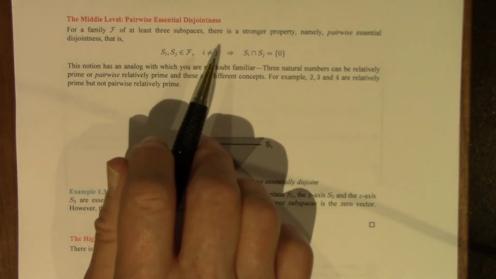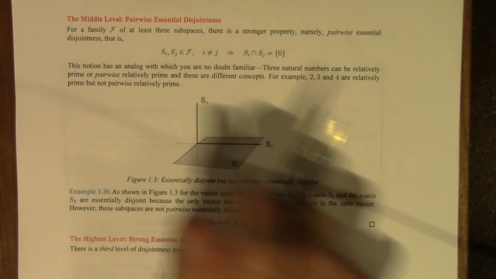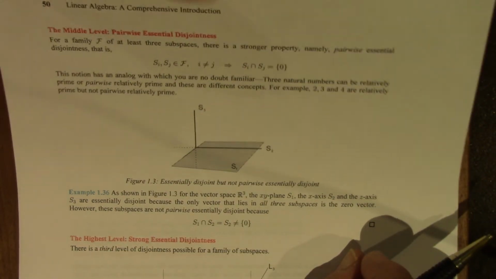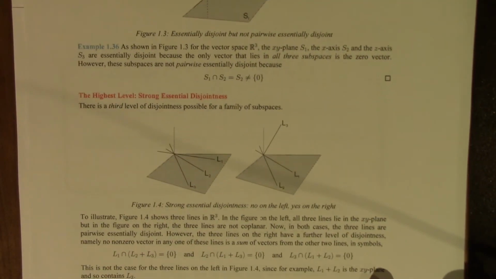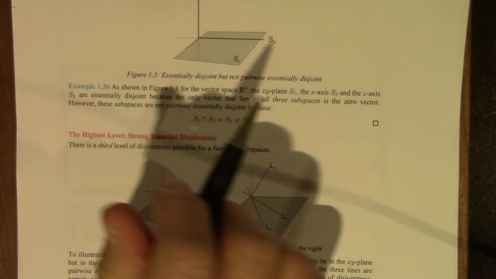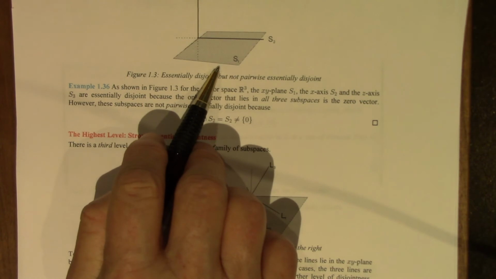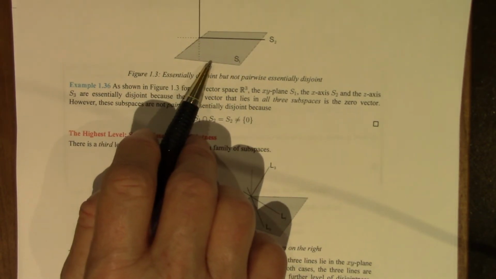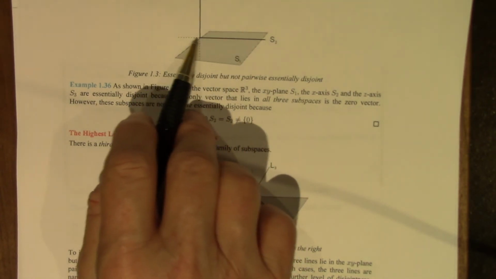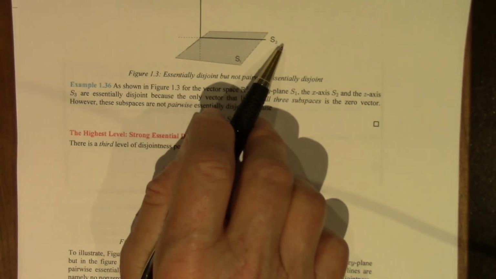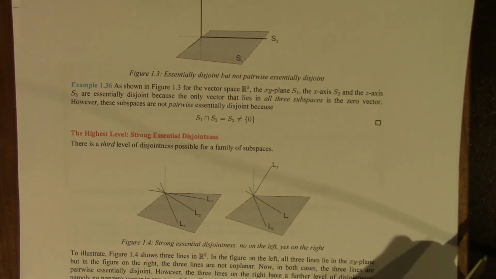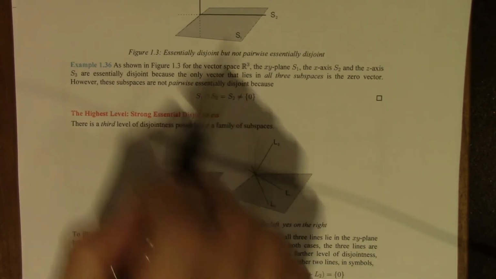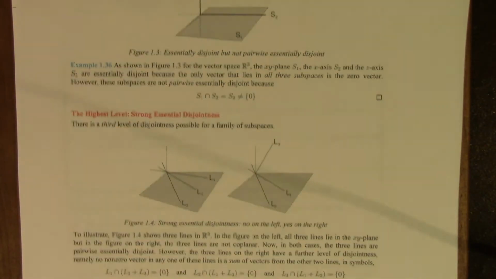So this is the analog for subspaces and essential disjointness. Here's an example if you would like to look at it. In R3, the plane is S1 here, and this x-axis I denoted by S2, and S3 is the z-axis.